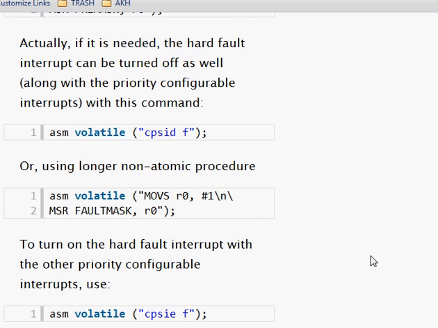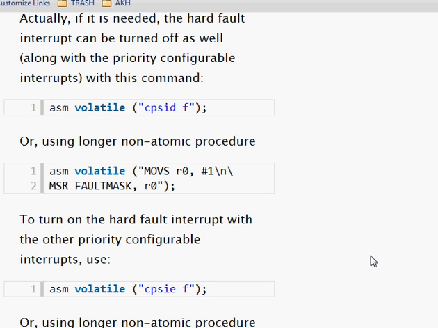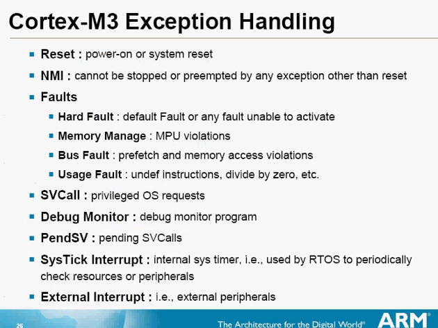You can go through the details of all interrupts and exceptions. It is available on Google. Just search for it, you will get it. So overall we have reset, NMI and fault: hard fault, memory management fault, bus fault, usage fault.